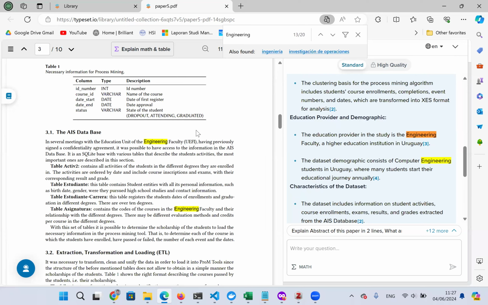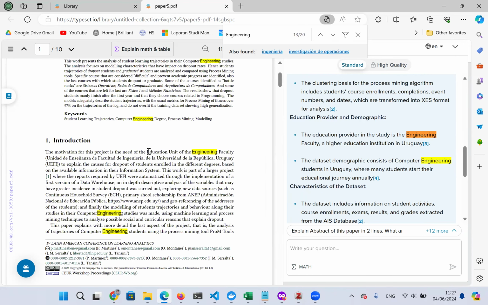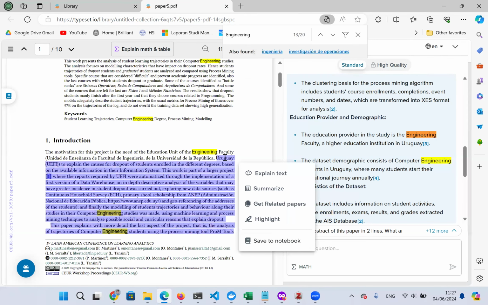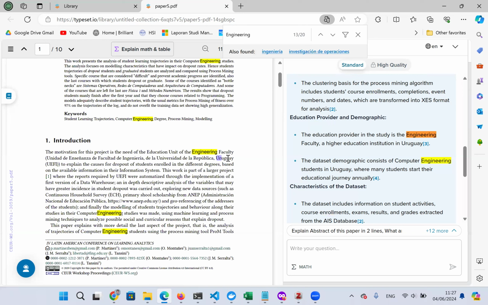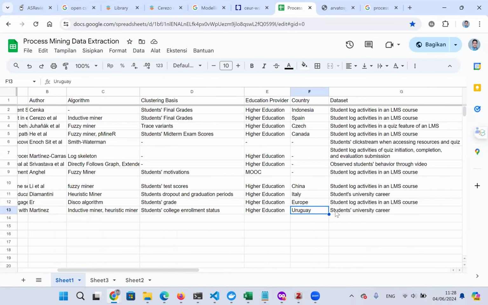And I think there is this education unit, for Unidad, Uruguay. So as you can see here, it is from higher education and it is Uruguay.